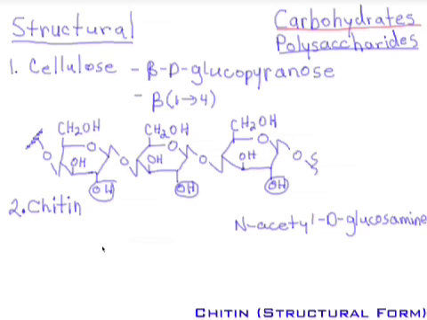Each of those units, which are found in cellulose, have the OH of carbon 2 replaced with this N-acetyl group. Everything else remains the same.